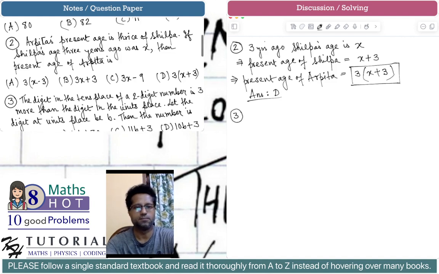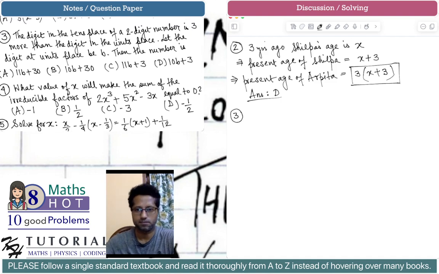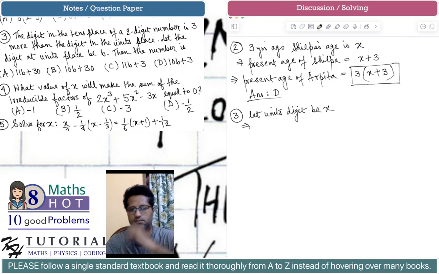Let's solve question number 3. It is given that the digit in the tens place of a two-digit number is 3 more than the digit in the units place.